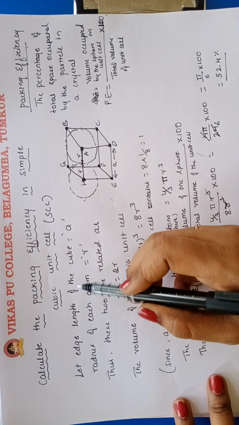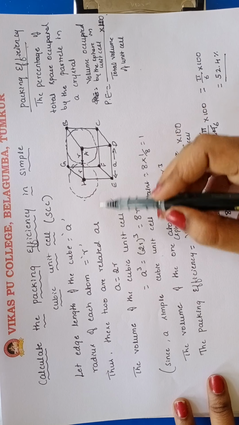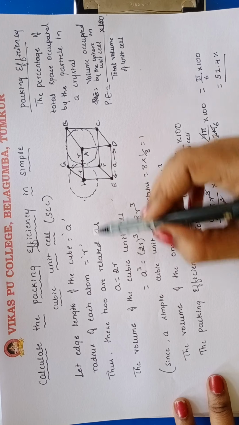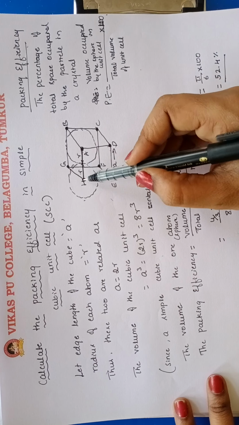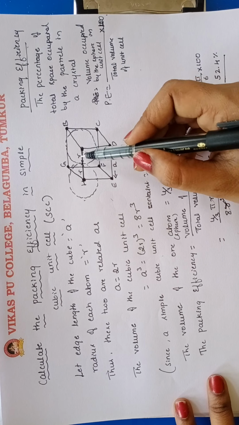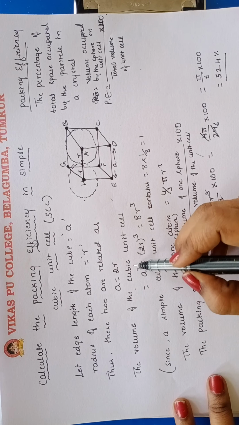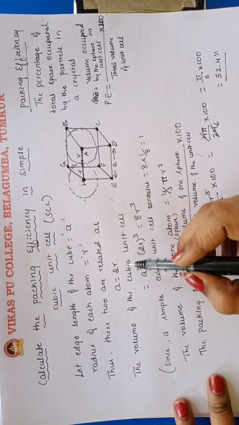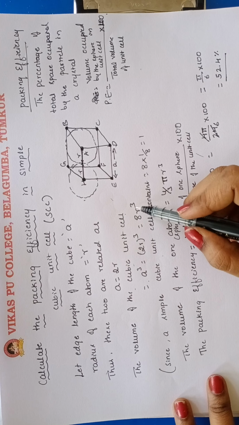The edge length of the cube we take as A, and the radius of each atom as R. These two are related: A is equal to 2R. The volume of the cubic unit cell is A cube, that is 2R whole cube, which is 8R cube.